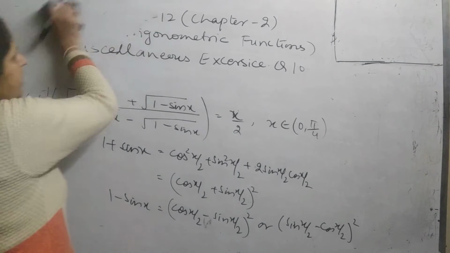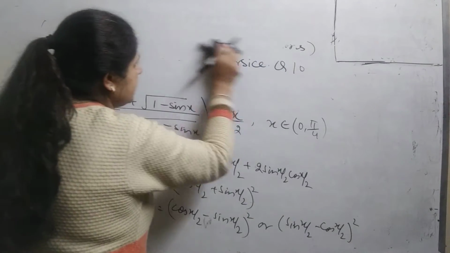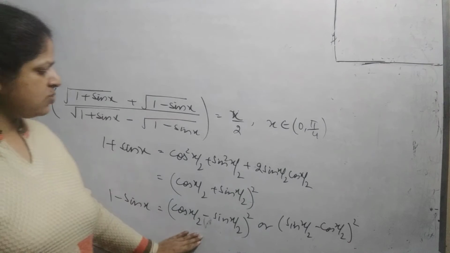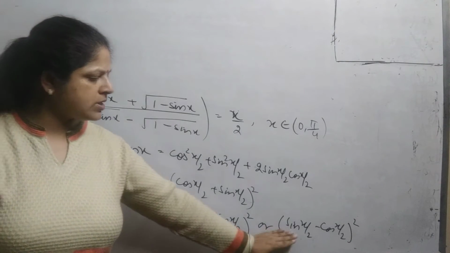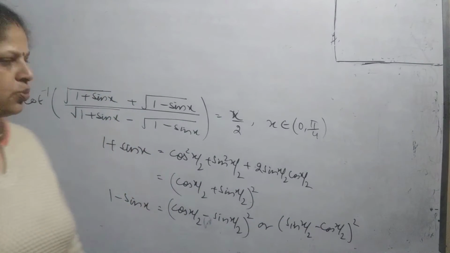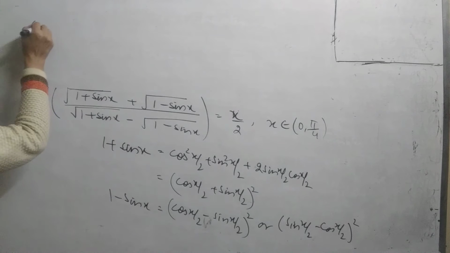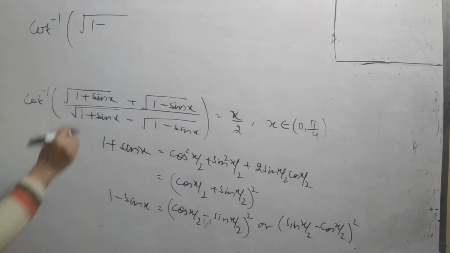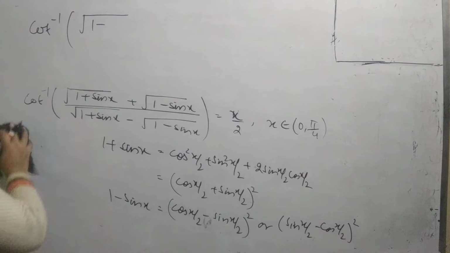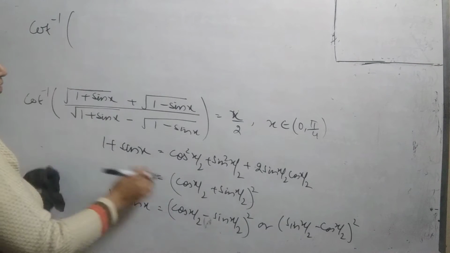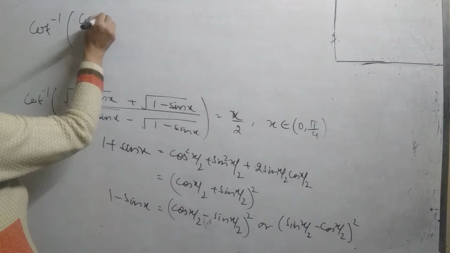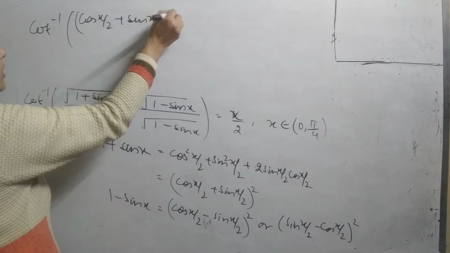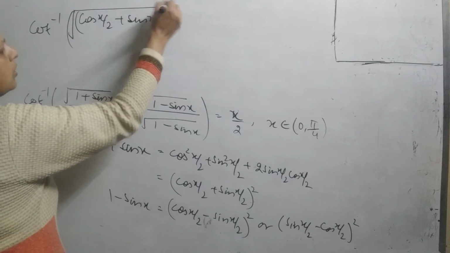In place of 1 minus sin x, I have two possibilities: cos x by 2 minus sin x by 2 whole square, or sin x by 2 minus cos x by 2 whole square. I write here cot inverse, under root 1 plus sin x I have to replace with cos x by 2 plus sin x by 2 whole square and its under root.